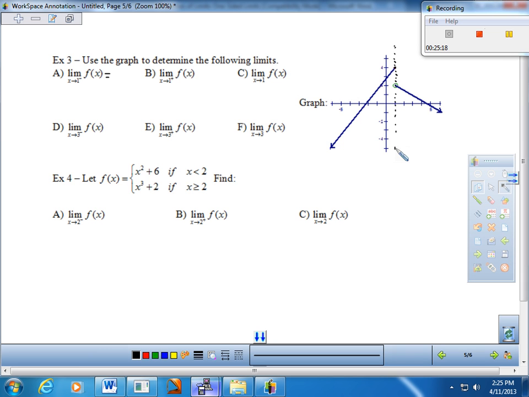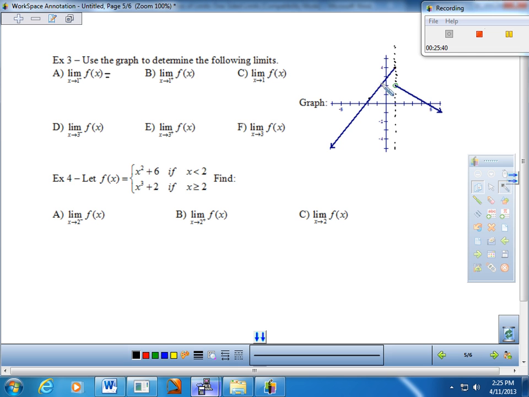And what we do, and basically what we did yesterday, is we hop on the graph, on one particular side of it, in this case, obviously, from the left. So hop on the graph anywhere to the left of this vertical line, and now let's get closer and closer to that vertical line. And just ask yourself, what's going on with those function values? Here we go, we're going up, we're going up.